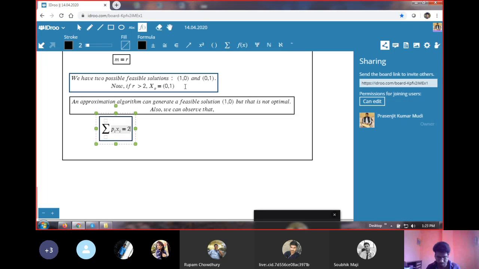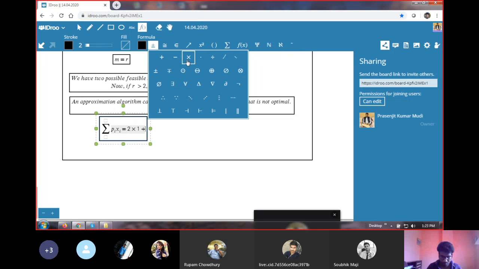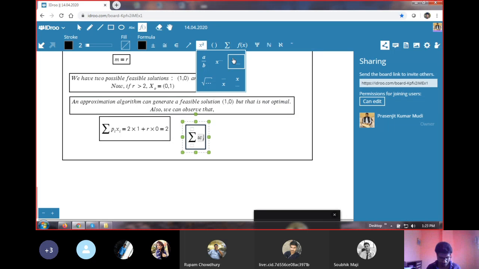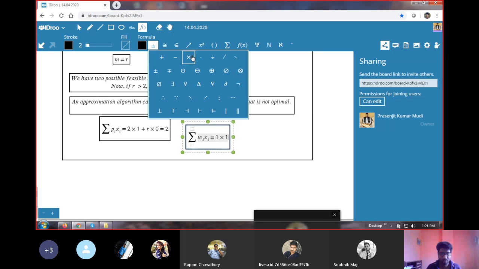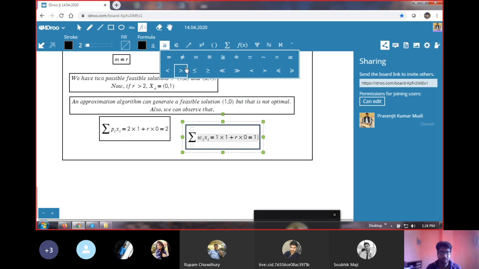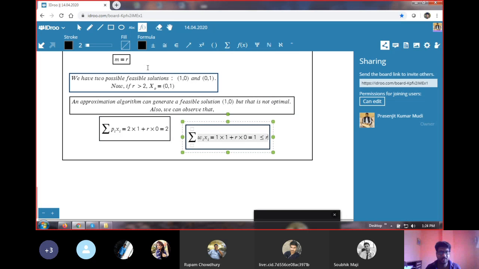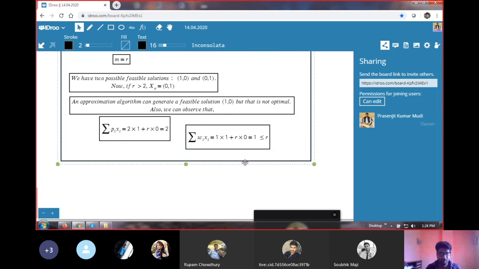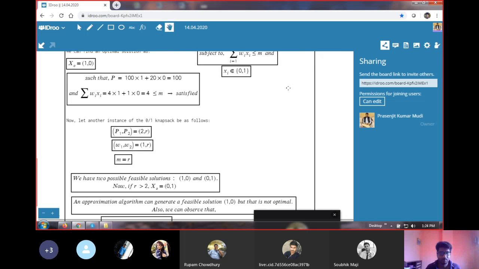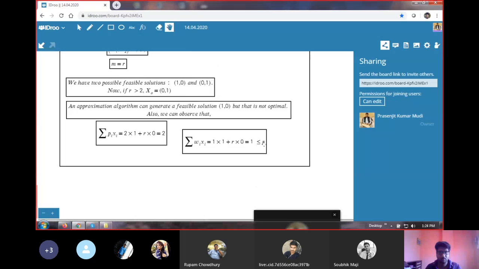And also we have w, which is 1 comma r, so 1 into 1 plus r into 0, and that is less than or equal to 1, so the condition is satisfied, because r is greater than 2.